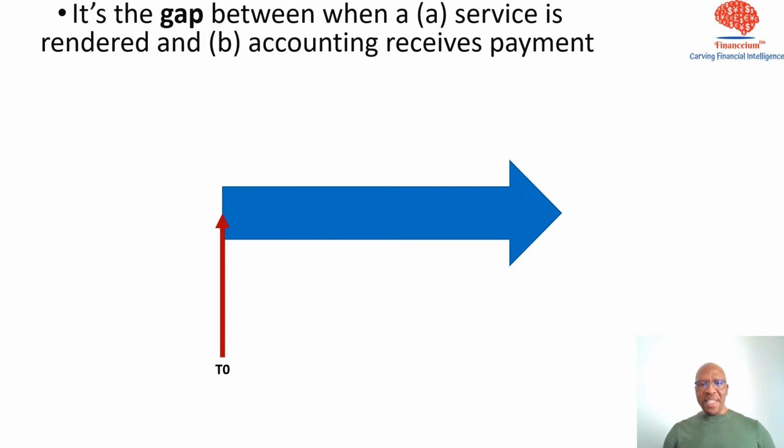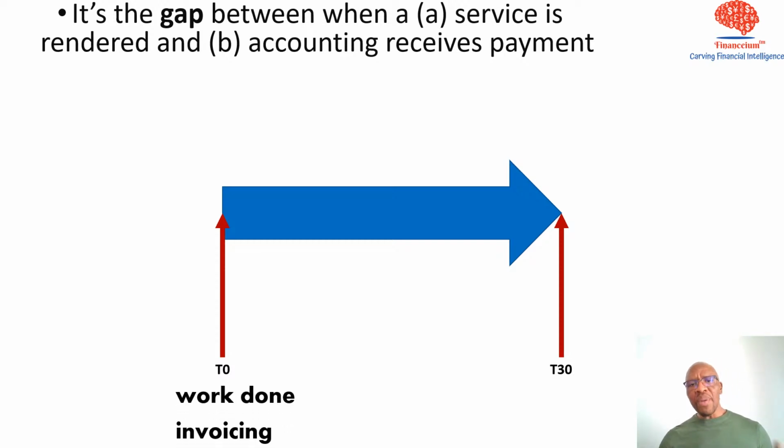Now, if we assume that the moment you've rendered the service is day naught, or T0, and the day in the future is, let's say, day T30, depending on your receivables policy, or your appetite or threshold for when you want to receive payment. This assumes that when the work is done, the invoicing happens immediately.